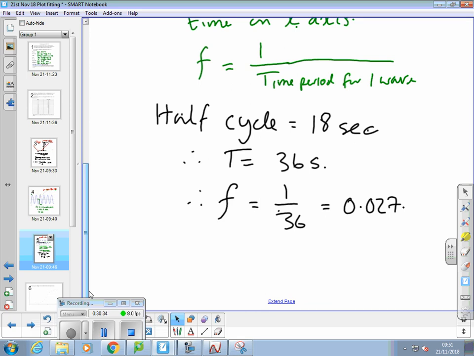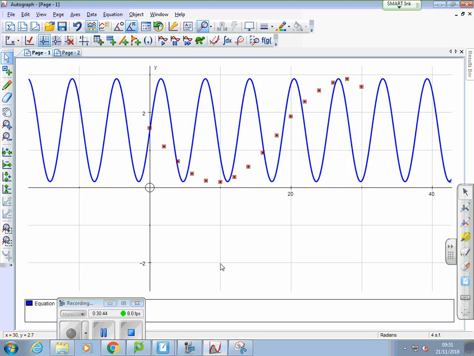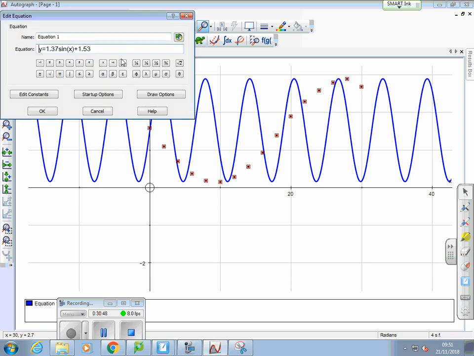So from that calculation, we want B to be 0.027. Going back, edit equation.